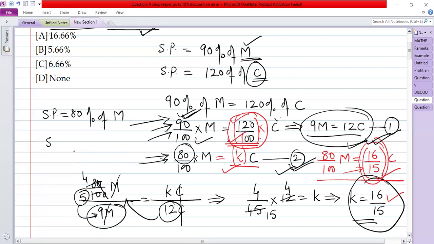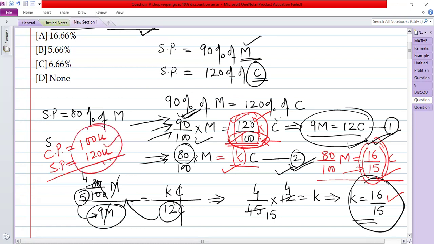Its meaning was simple: if this 100 denominator is the cost price, meaning if cost price is 100 units, then the numerator 120 units is the selling price. Okay, so this was the meaning, obviously, because the profit was 20%. Now, similarly, what is the meaning of this 16 by 15 unit? This 16, the value of K, what is the meaning?